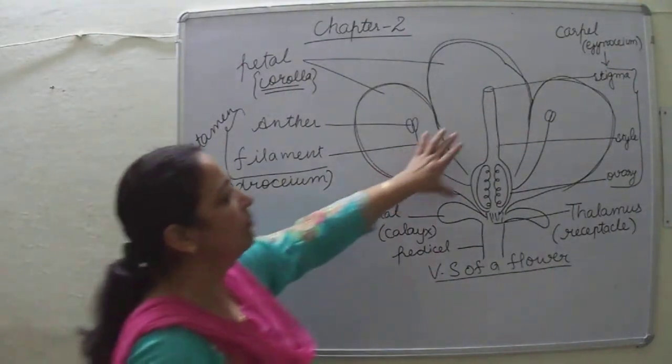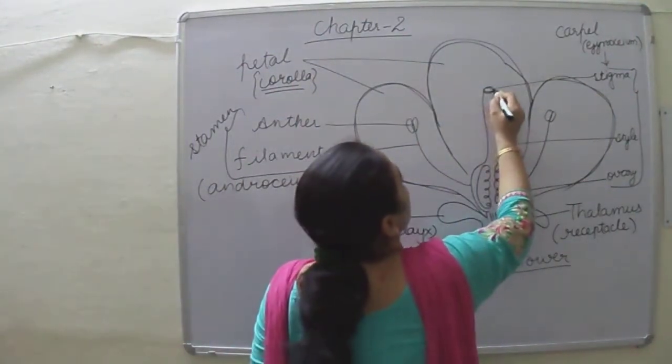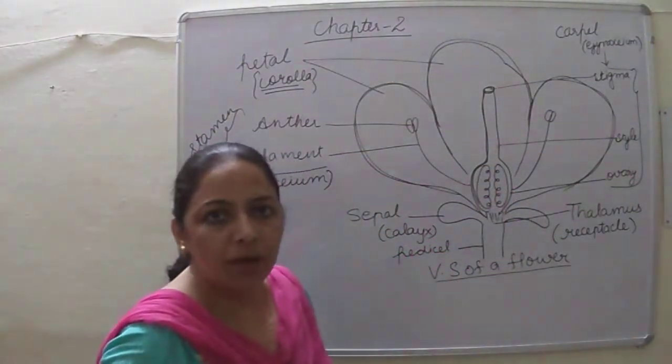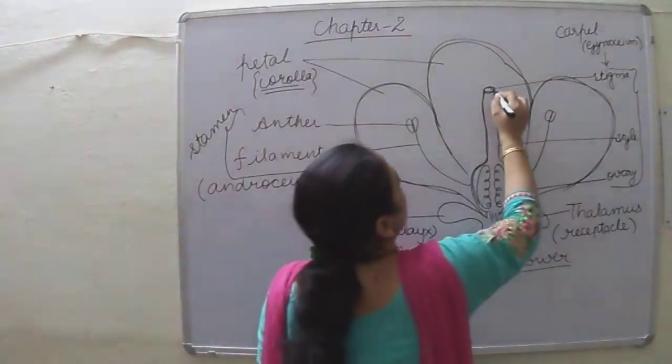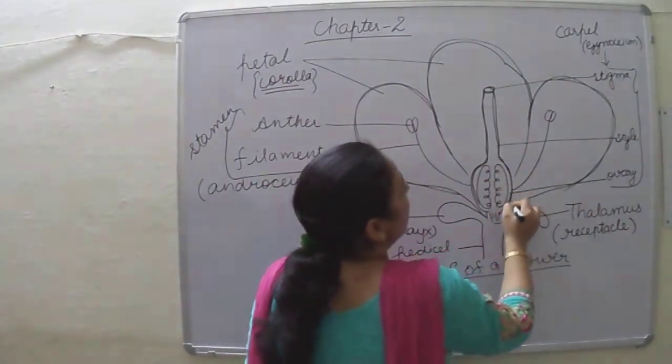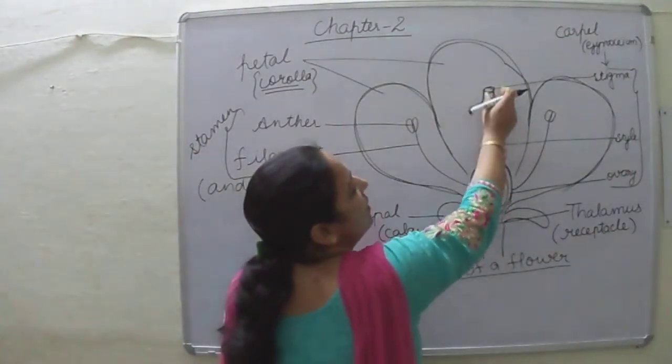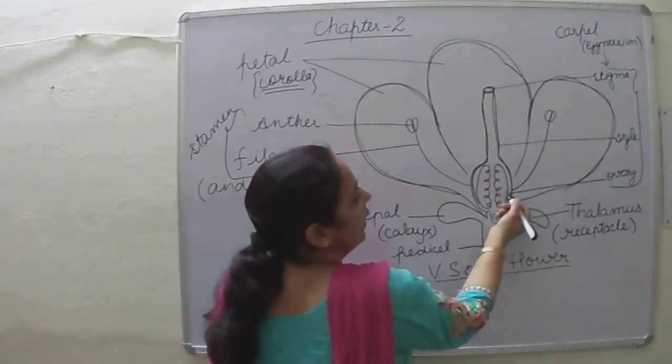Next, students, come to this point. This is the female part of the flower. It consists of three parts: stigma, style, and ovary.